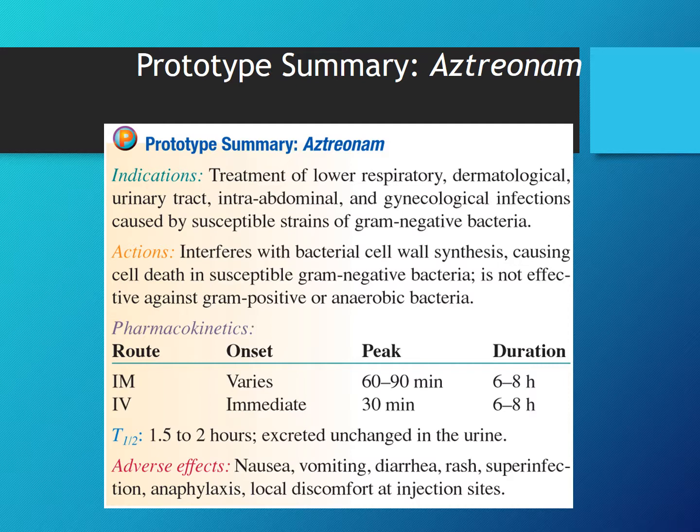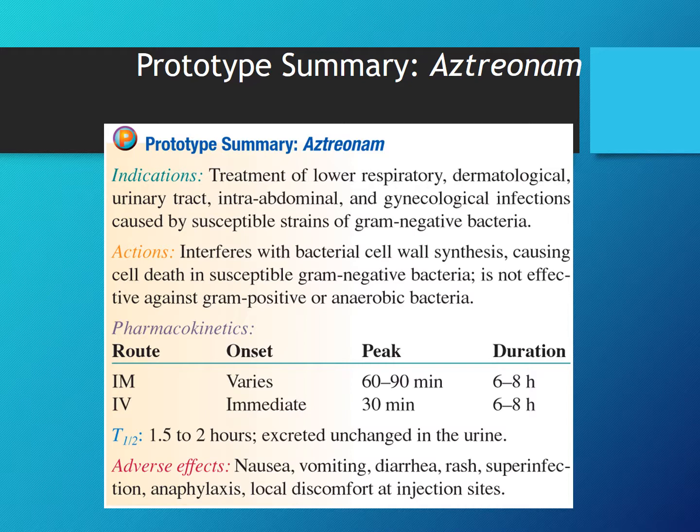medications. Let me look back here and make sure I'm telling you correctly. Let's see, I'm looking at the wrong page, so give me just a second here. Yes, definitely looking at the wrong thing. Your monobactams. This is your monobactam. I'm sorry.